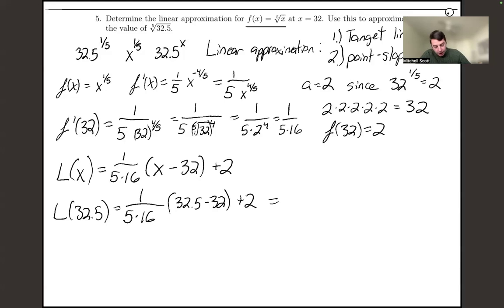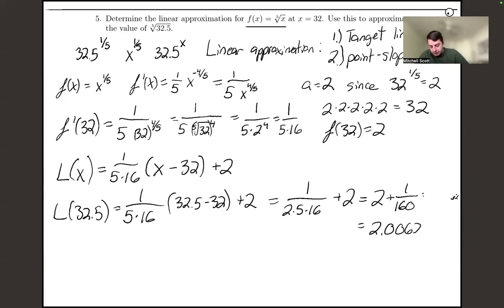Okay, so I'm now seeing that this equals 1 over 2 times 5 times 16 plus 2, which if you simplify, 2 times 5 is 10. So this is 2 plus 1 over 160, which equals 2.0062. I ran out of room. Let me rewrite it here. Equals 2.00625.